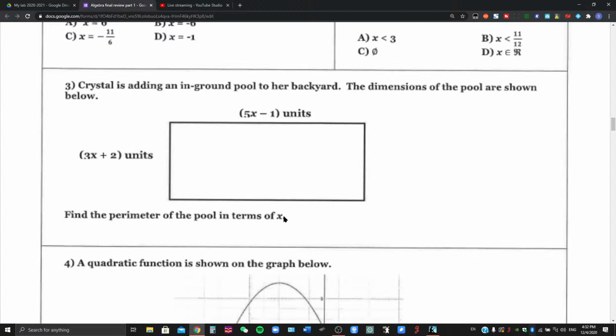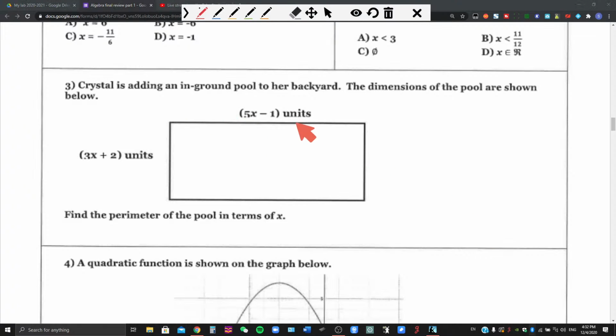So to do this, we first need to know how we get the perimeter. Perimeter is the length and the width, all the 4 sides added up. So we just need to add all the 4 sides up. The length, 5x subtract 1.